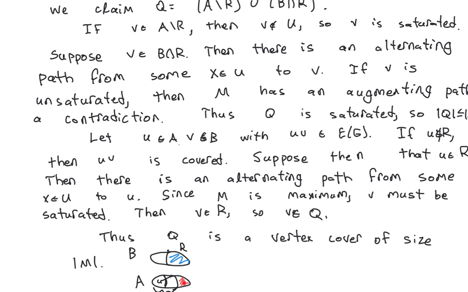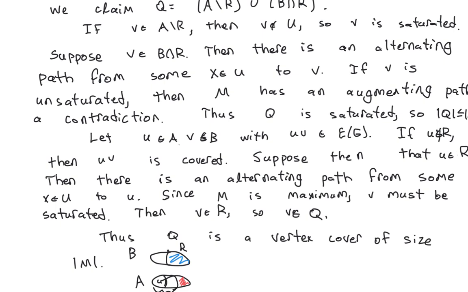Let's take a vertex that's in A take away R. In particular, it's not in U, and so it's saturated. So every vertex in the red splotch is incident to an edge in the matching. Similarly, let's take a vertex in B intersect R. By definition of R, there has to be an alternating path starting in U and ending in the blue stuff.